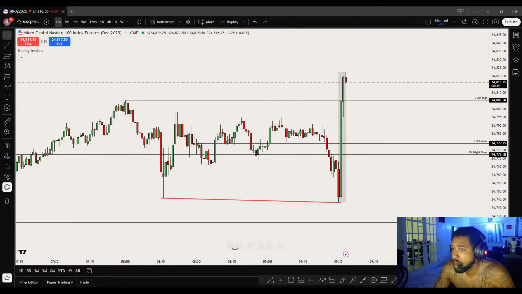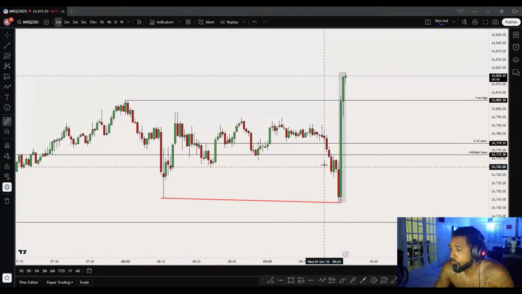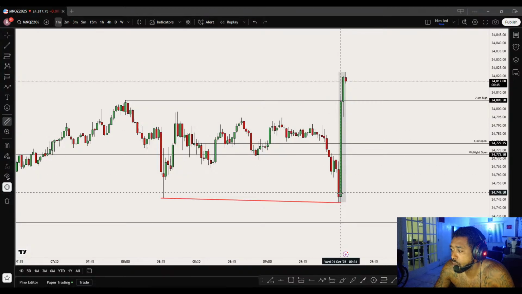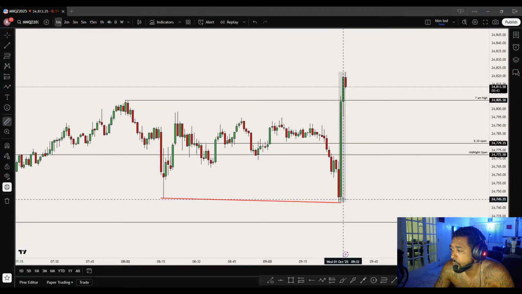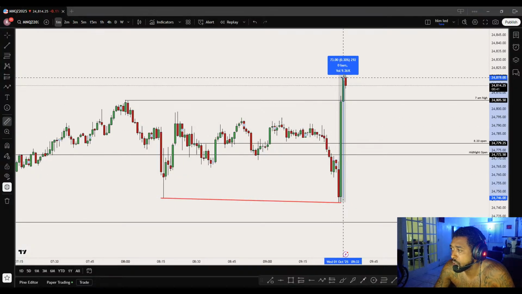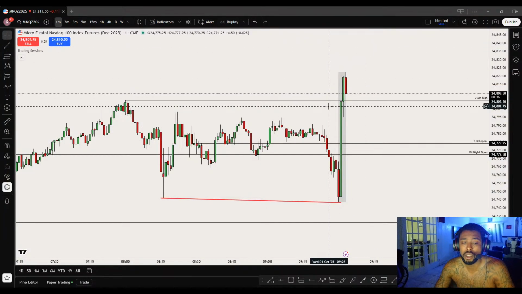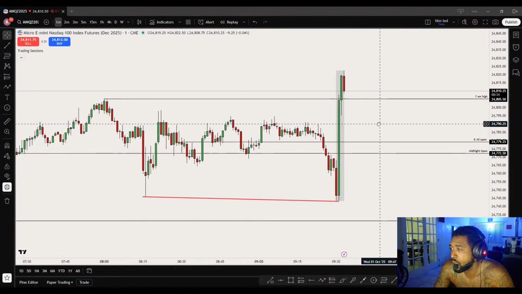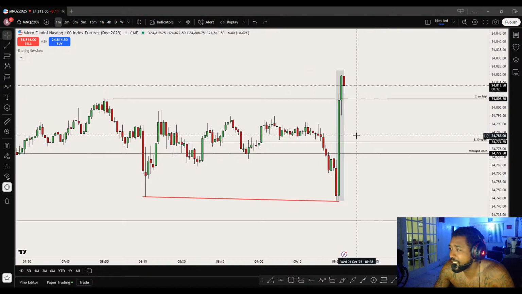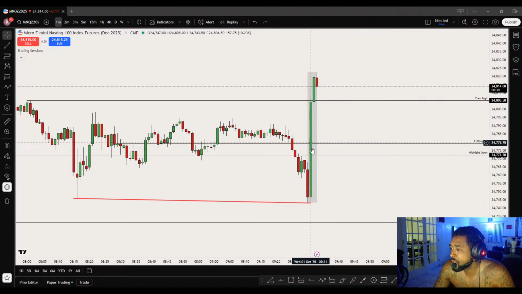Damn. So price literally did exactly what we were expecting. Went lower, and literally just went up. That one candle literally went up 74 points. If you had one contract, that should have been $140. That is crazy.